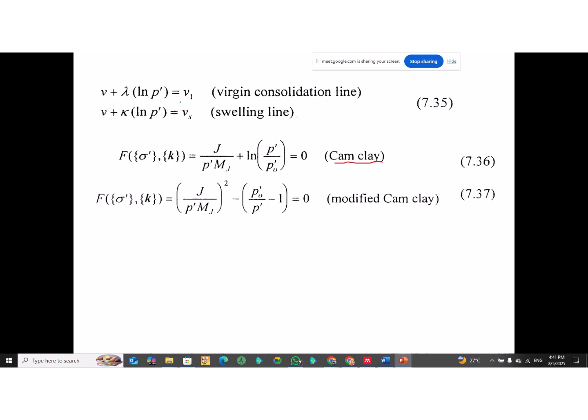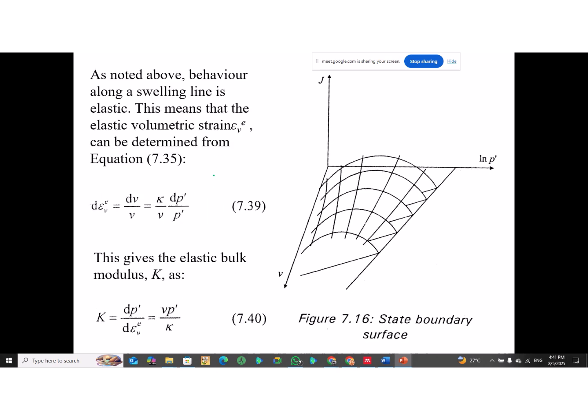If you differentiate, ln is 1 over something, isn't it? So please, I hope you are able to figure it out. So this is how to get the incremental elastic volumetric strain, because that's an elastic behavior, and that's the state boundary surface, where K, of course, is the elastic bulk modulus. Remember, we talked about this at the start of this course.